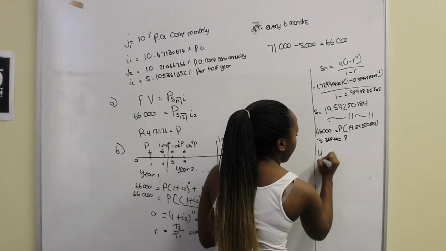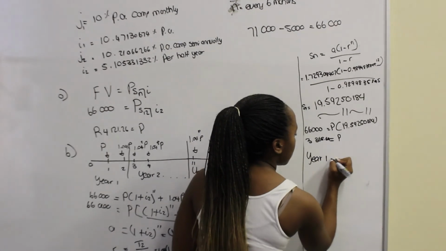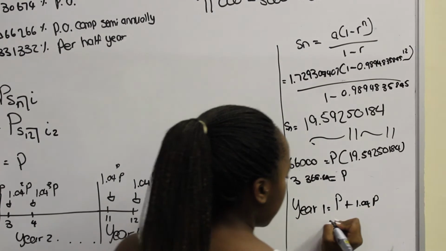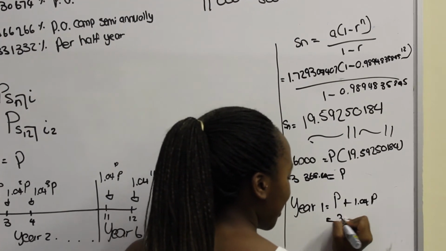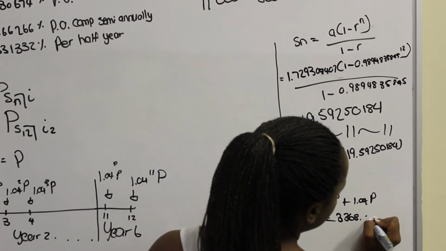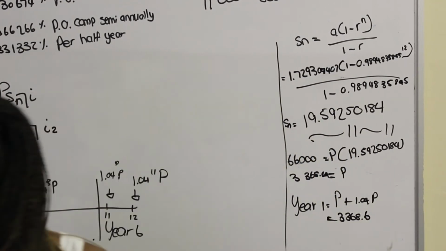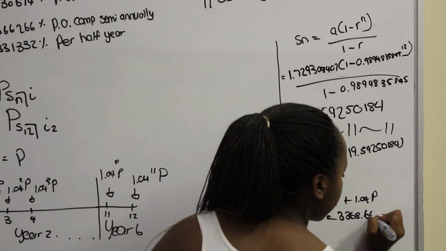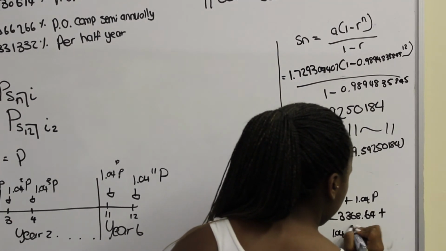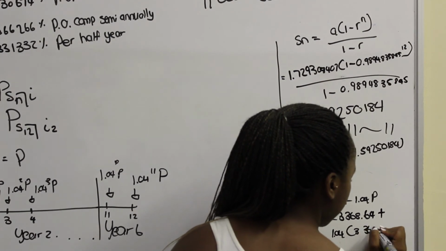So for year 1, it's going to be P plus 1.04P, which is equal to 3,368.64 plus 1.04 times this number.